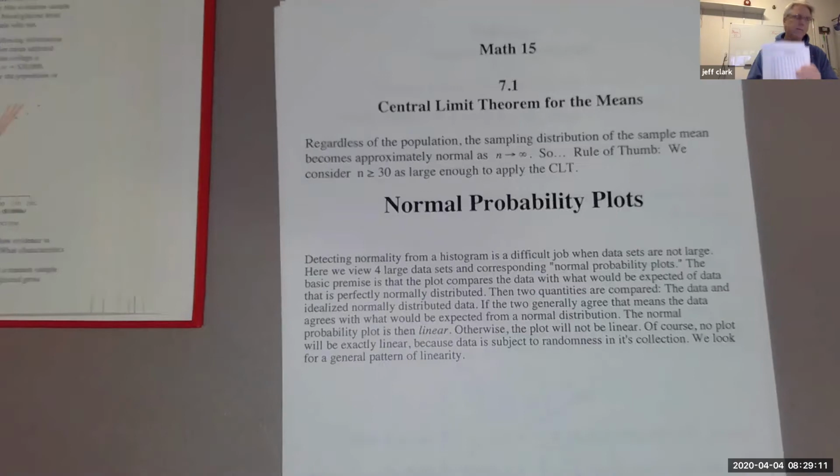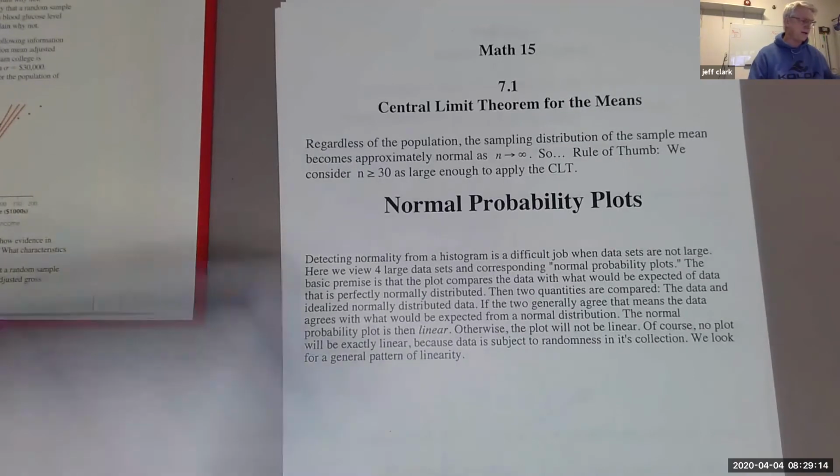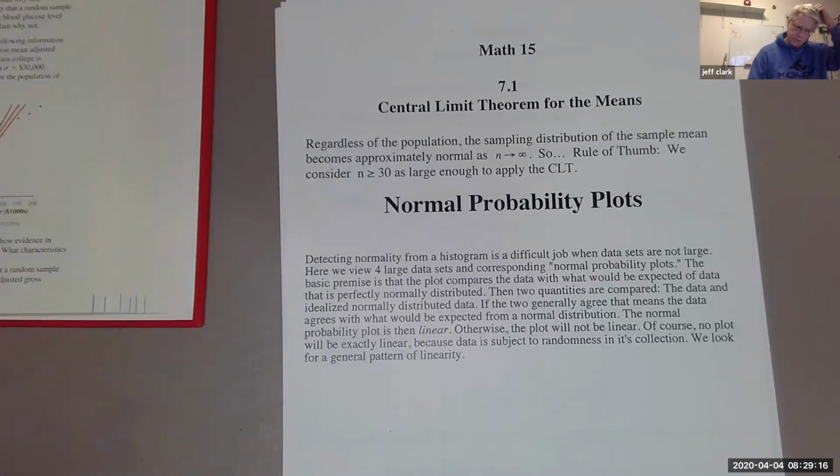Now I'm going to go back to this page in chapter 7, section 1 for a moment. The last problem that I left you with in part 2 of 8.1 is one where you've got raw data and you don't have sigma given.